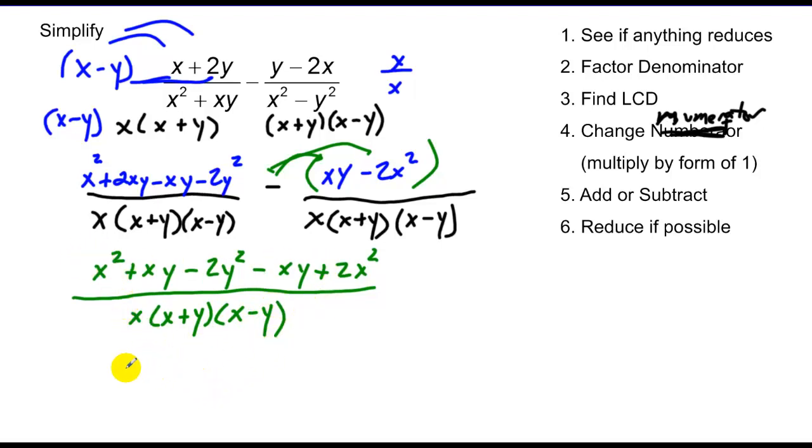Clean up with like terms. I have 3x squared, the xy's go, and minus 2y squared. That's not going to factor, so I'm completely reduced in this problem, and that's my final solution.